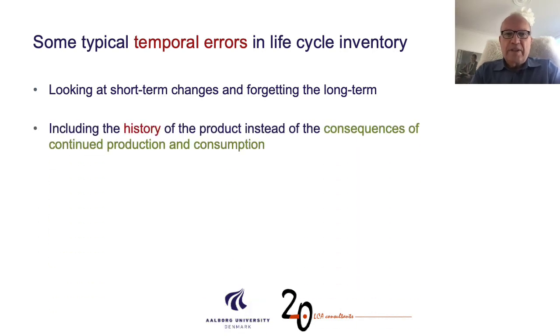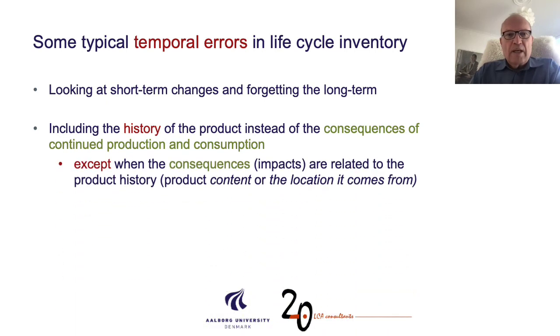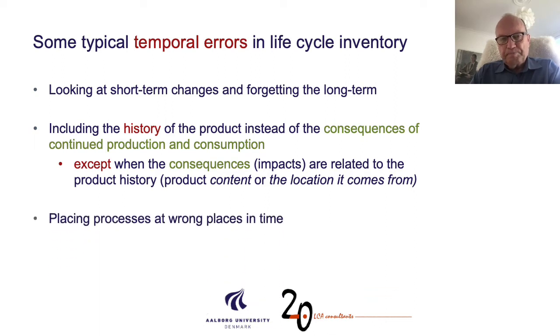Another is including the history of the product instead of the consequences of continued production and consumption, except, of course, when the consequences are related to the product history, so when it matters what is in the product or where it comes from.